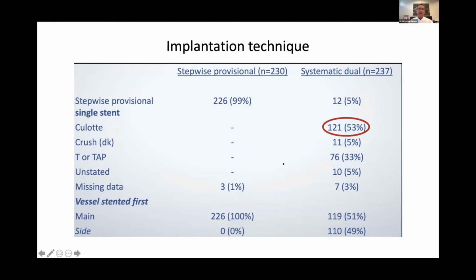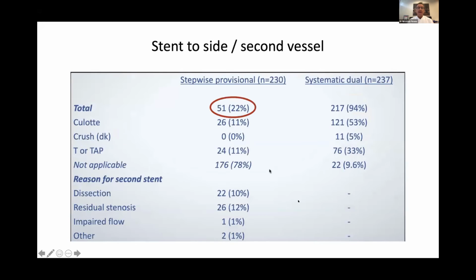And DK crush, which is not really very popular in Europe, was used in only 5% of the study population. In the stepwise approach, if there was a need to stent the side branch, in the majority of cases culotte or TAP were used.